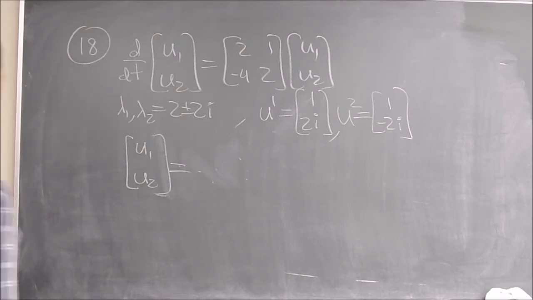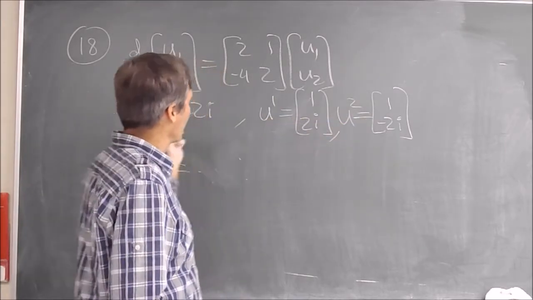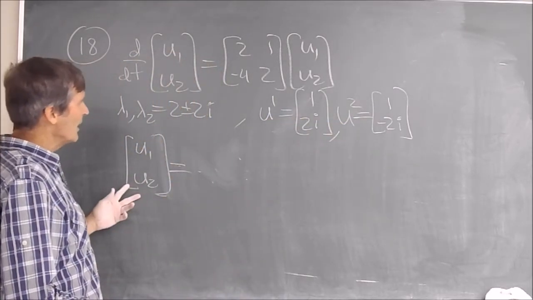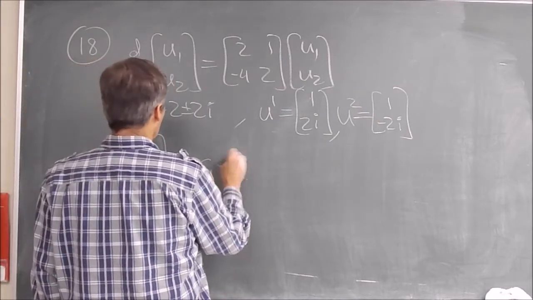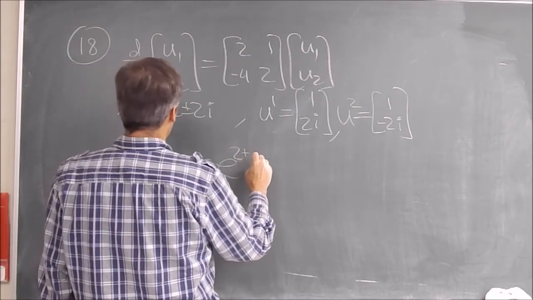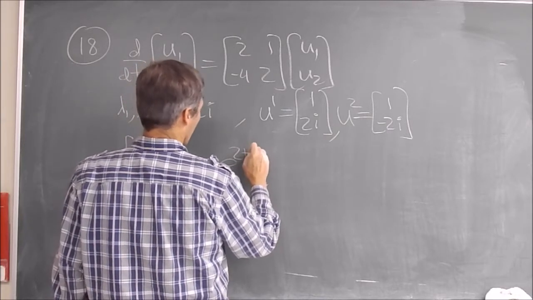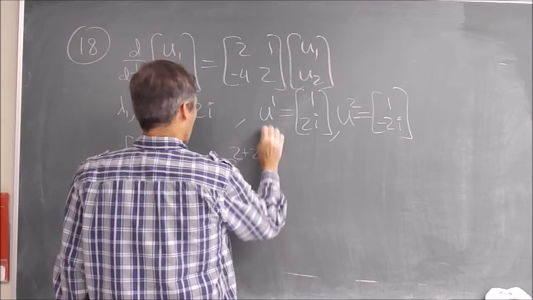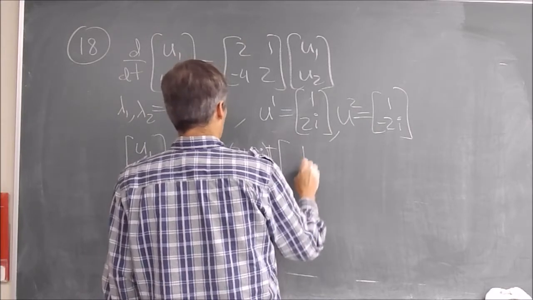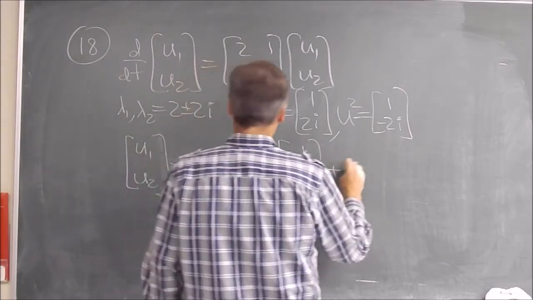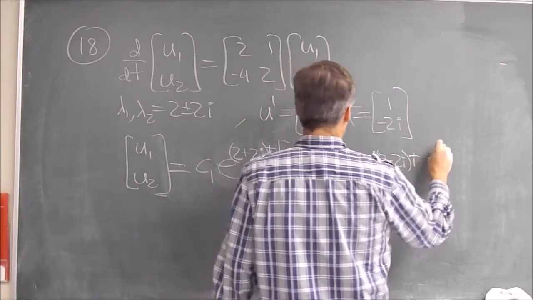Finally, what do we do if we have a system of differential equations and we get complex conjugate eigenvectors and eigenvalues? We recall that the general solution over complex valued functions is c1 e to the lambda 1 t times eigenvector 1, 2i, plus c2 e to the lambda 2 t times its eigenvector, 2 minus 2i.